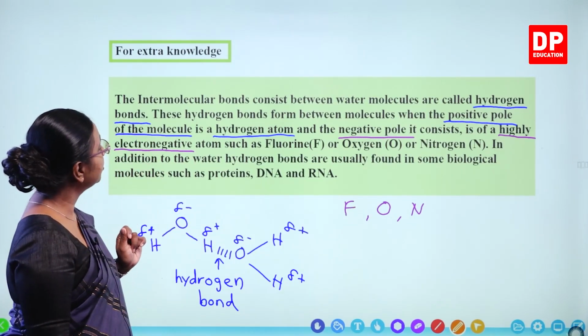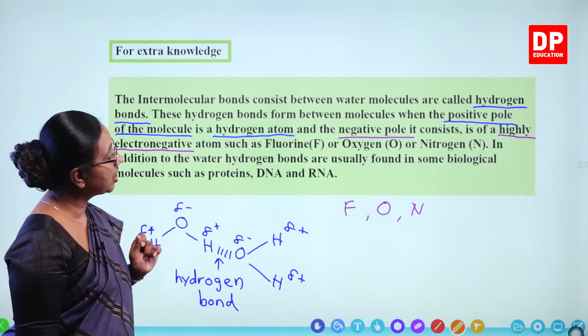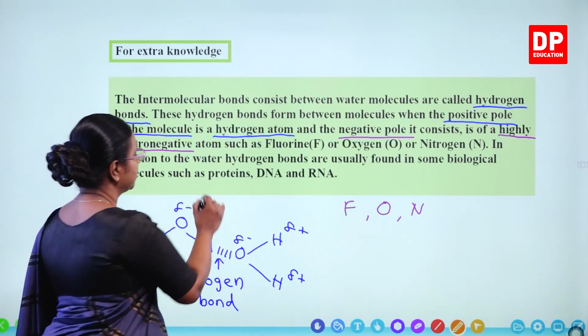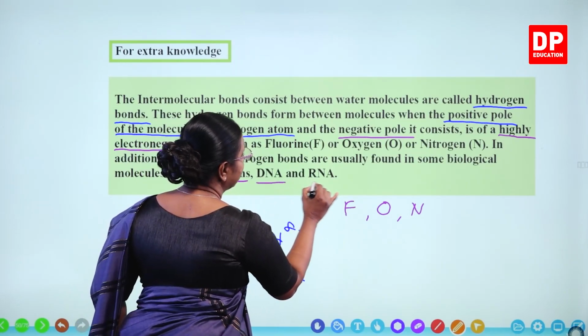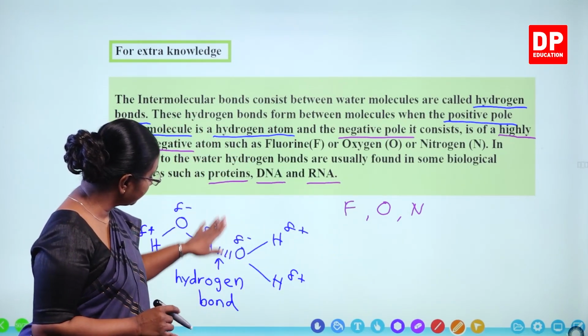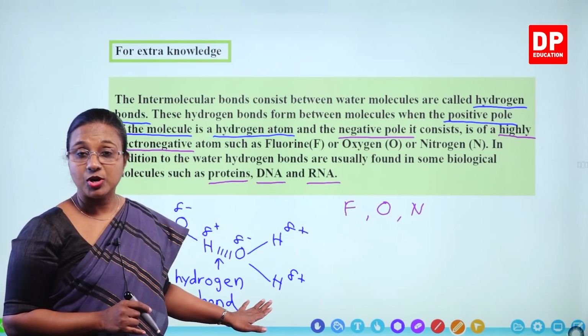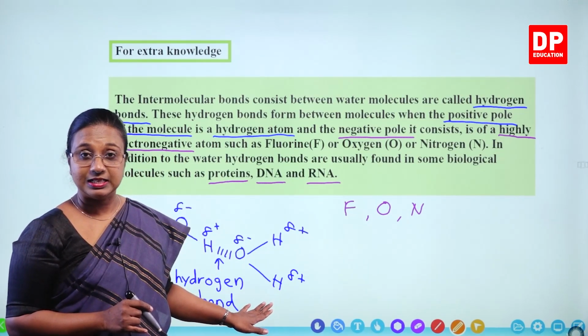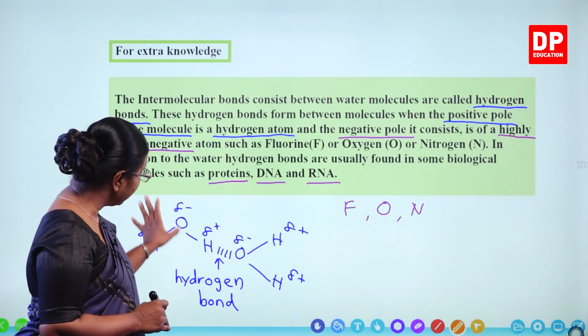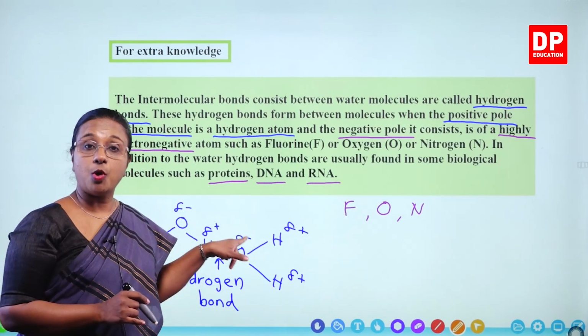In addition to the water, hydrogen bonds are usually found in some biological molecules such as proteins, DNA and RNA. So you get hydrogen bond in water, that is the intermolecular force or intermolecular interaction or intermolecular bond that is present between the molecules of water.